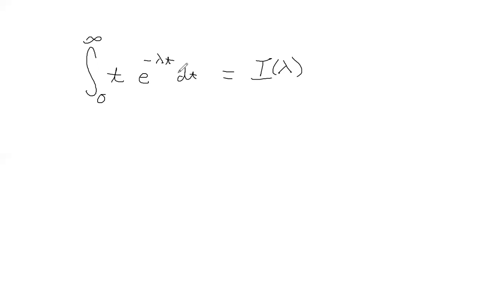Or actually, you know what? Take that back. I'm going to define this to be I. And look what happens. If I were to take d by d lambda with a minus sign on I of lambda, that gives me the integral that I want. Because as long as this is a smooth converging integral and a smooth integrand and all that kind of stuff, the integration and differentiation commute.